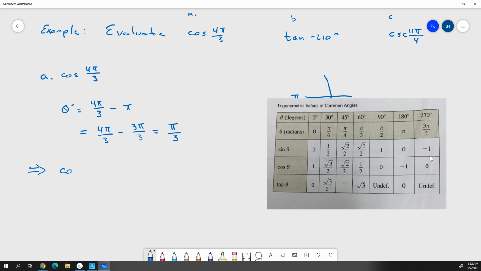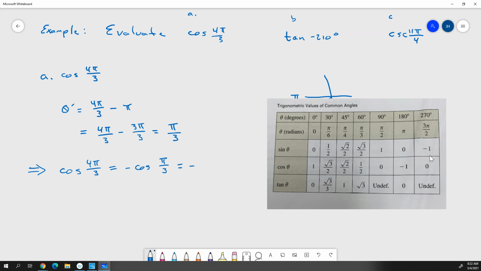Cosine of 4 pi over 3 is the same as negative cosine of pi over 3. Keep in mind, we're saying negative because of what quadrant it's in, right? And if we look at that, it's going to be negative whatever cosine of pi over 3 is.